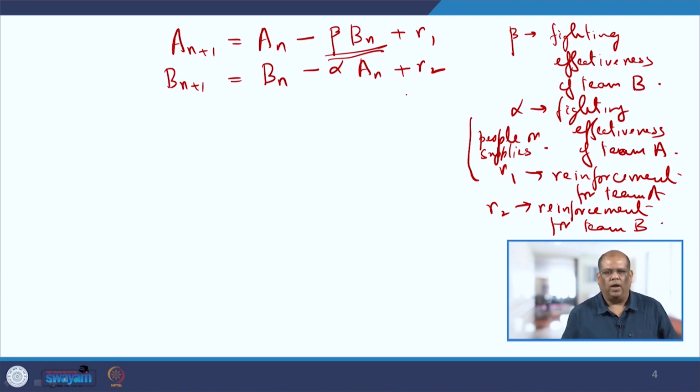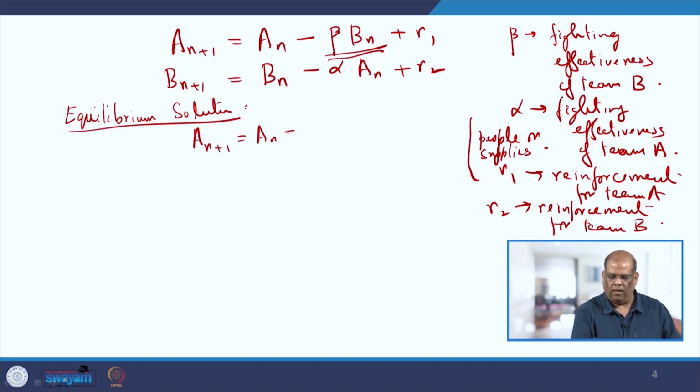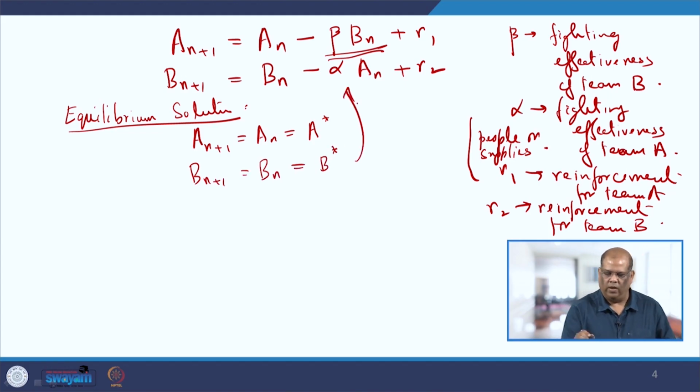Once you get the model, you look for the equilibrium solution. We replace A(n+1) and A(n) by some A*, and B(n+1) and B(n) by some B*, and put the values here.